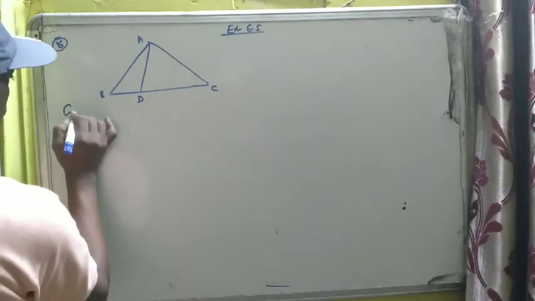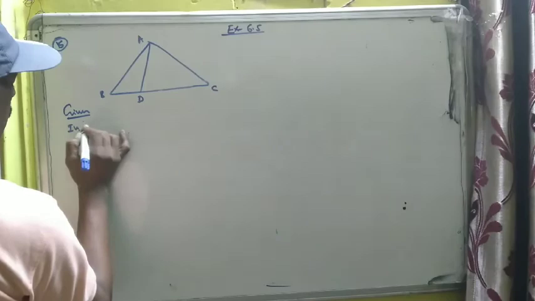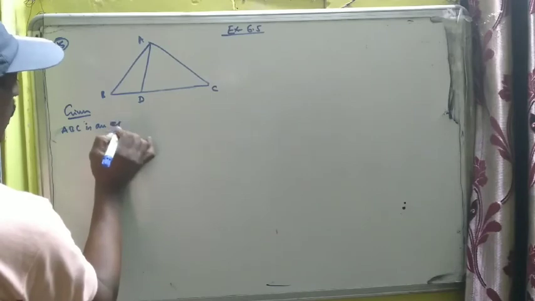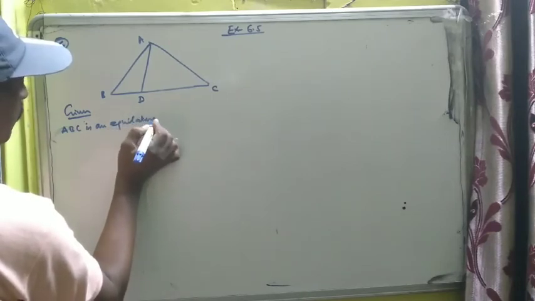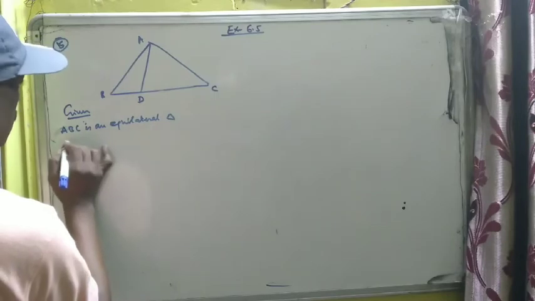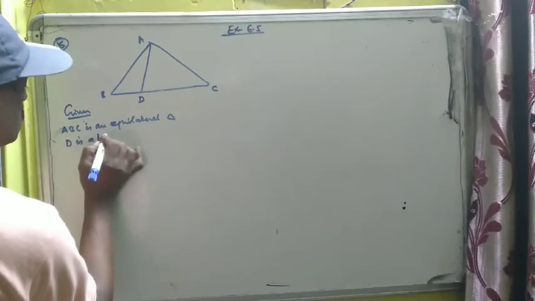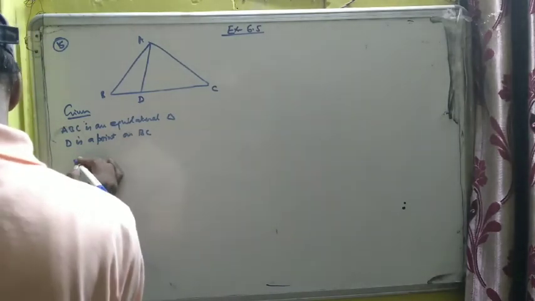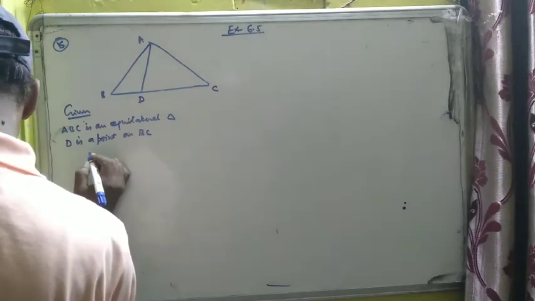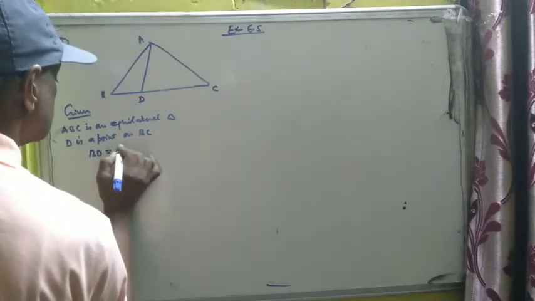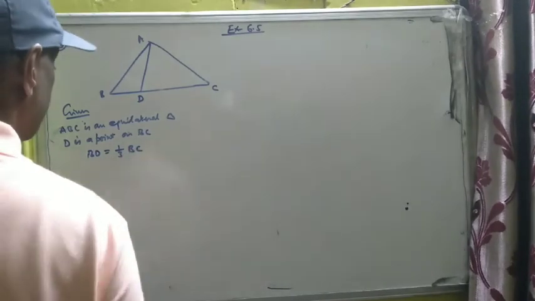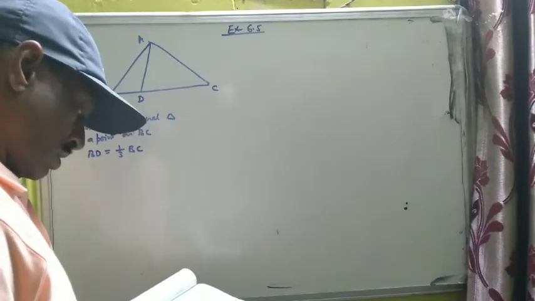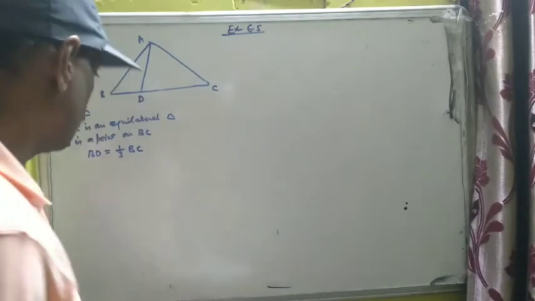So it is given that ABC is an equilateral triangle, D is a point on BC and BD equal to 1/3 BC. This is given in the question.